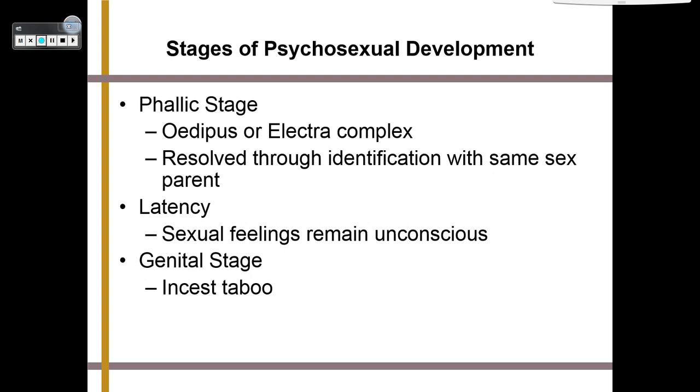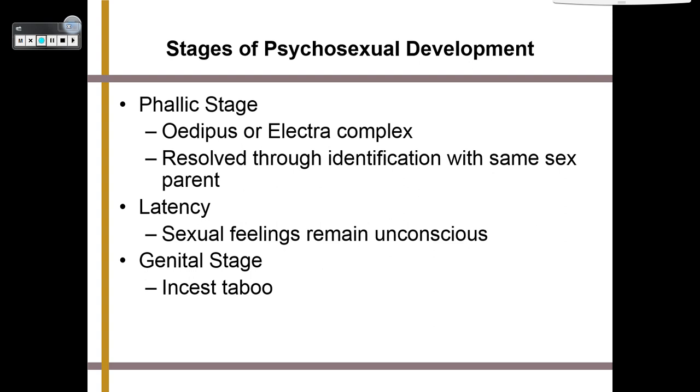Because what happens now is all those romantic feelings that you had, especially for your mother, are now being mixed in with sexual feelings. And when this happens, you develop the incest taboo because you have sexual feelings now, but you already had that love for your mom.